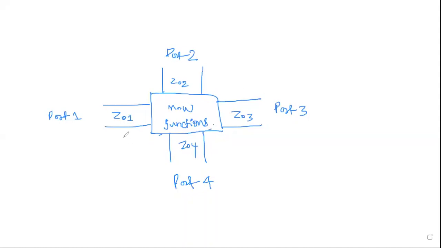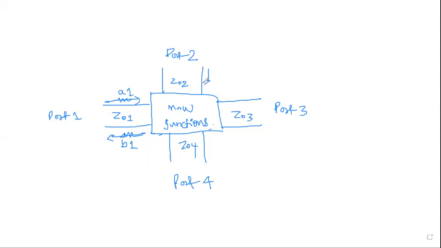For input, I'll consider the parameter A1, which will be the entering wave. When it enters, some of the waves can also reflect, which I'll consider as B1. Similarly, for port 2, I'll represent it in terms of a resistor.